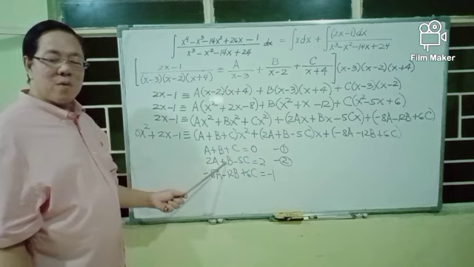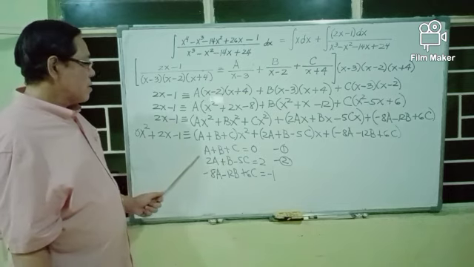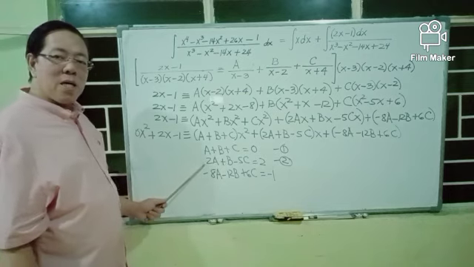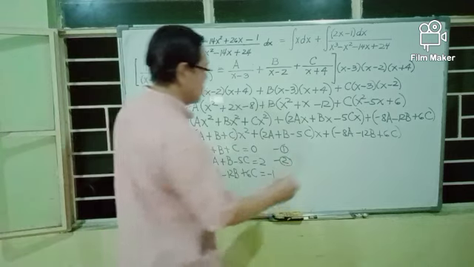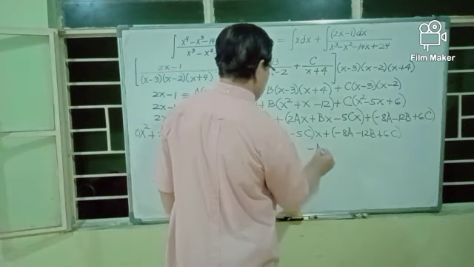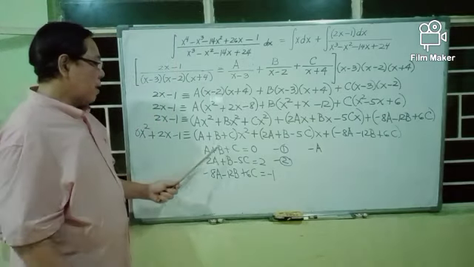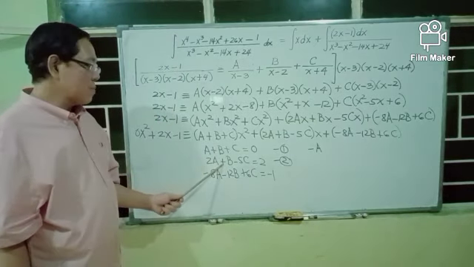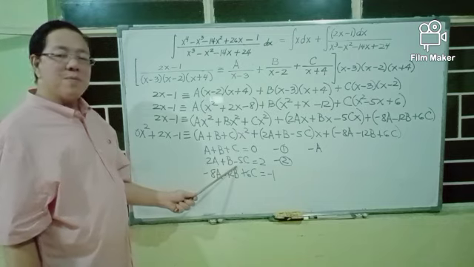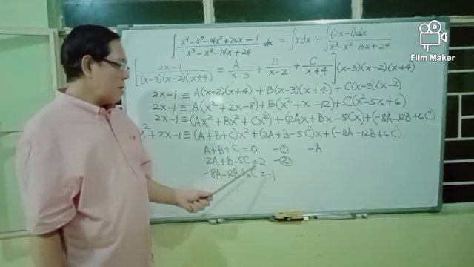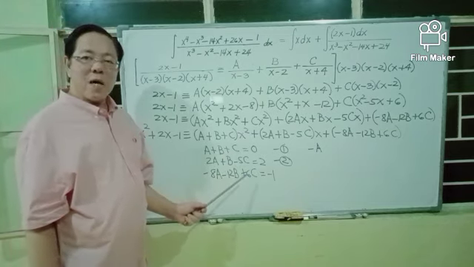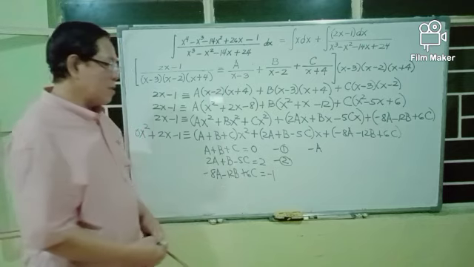So b minus b will be 0. We have a minus 2a is minus a. And b minus b is 0. And c minus negative 5c is the same as c plus 5c or 6c.